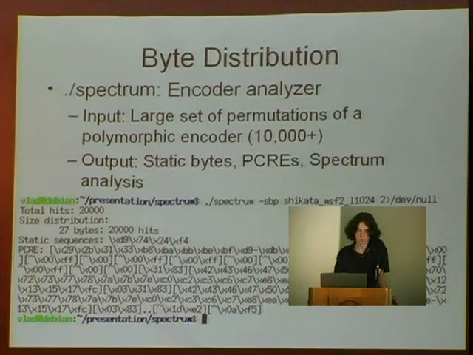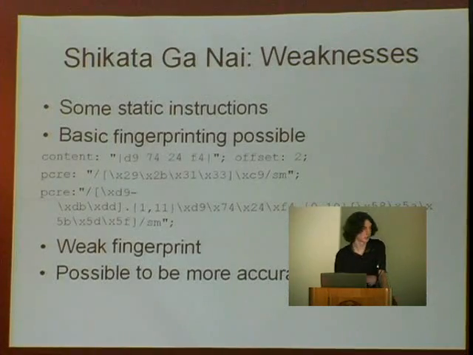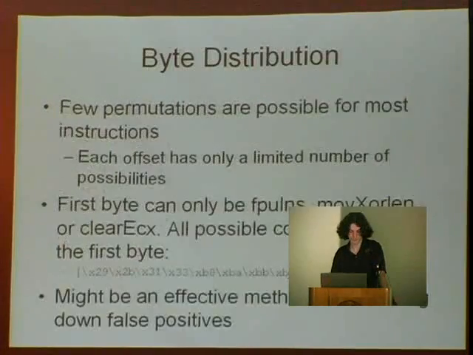And what it says is basically, I have 20,000 of these encoders, and there's a static sequence of D97424F4, which is the FNSTENV we fingerprinted here in that content statement.